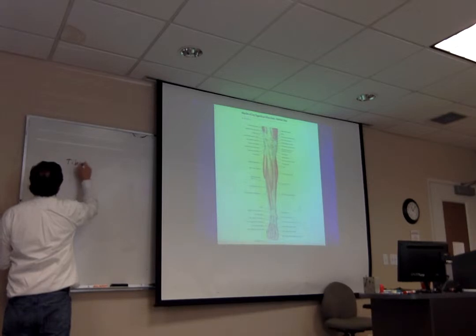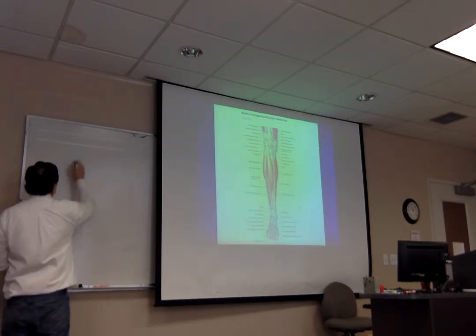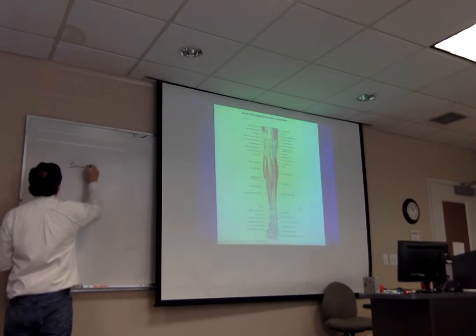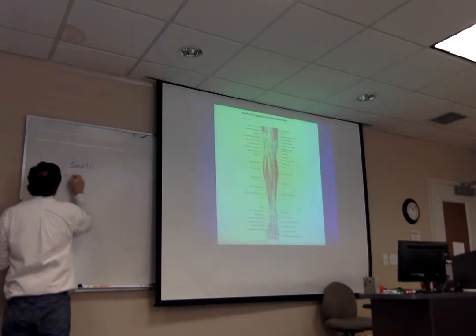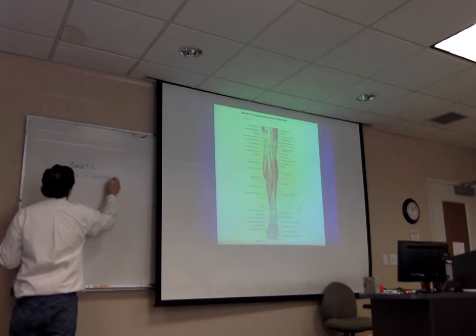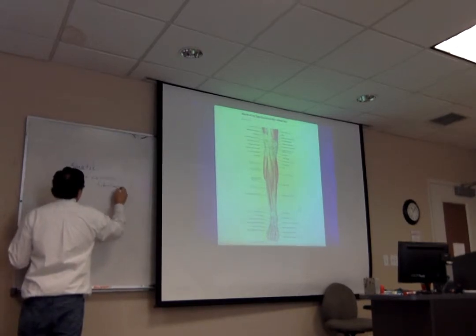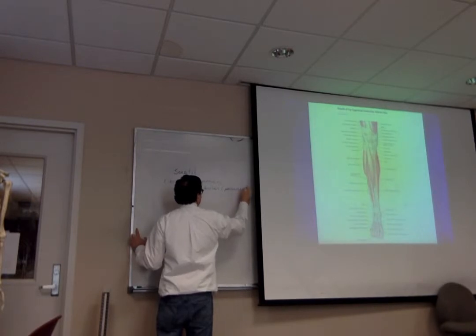The sciatic nerve is really a combination of the tibial and the common peroneal, or it can also be called the common fibula. The fibula and peroneal are the same.